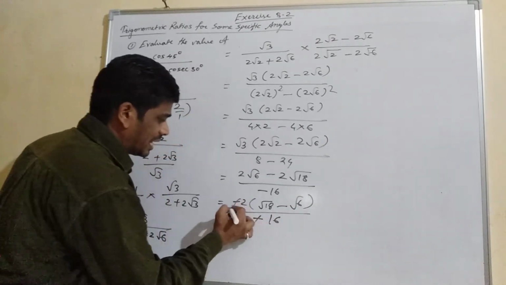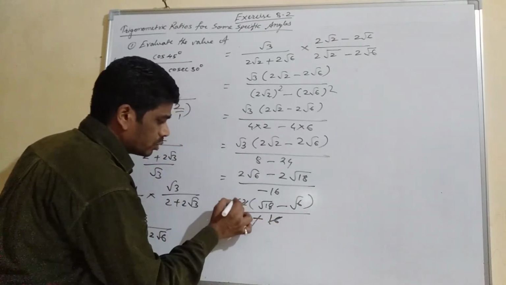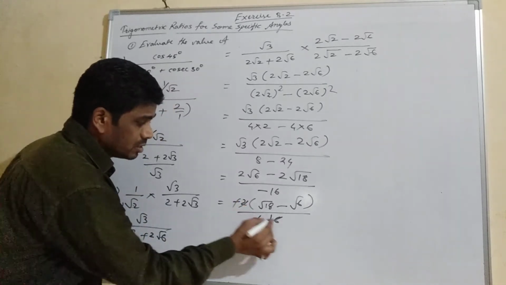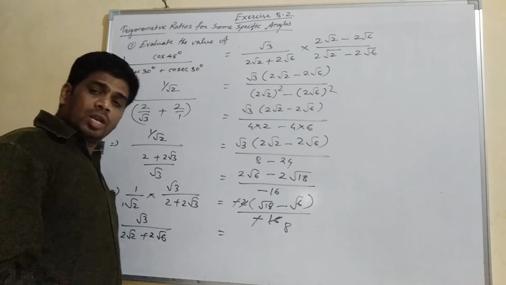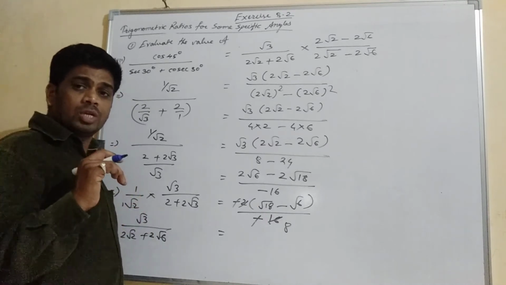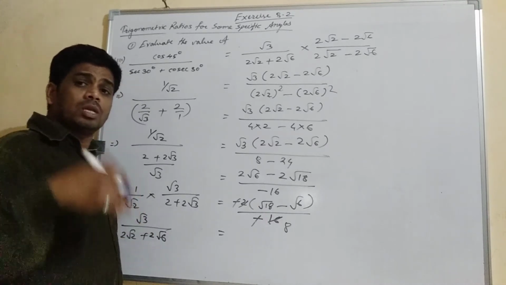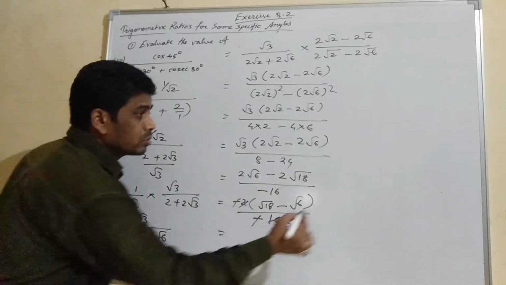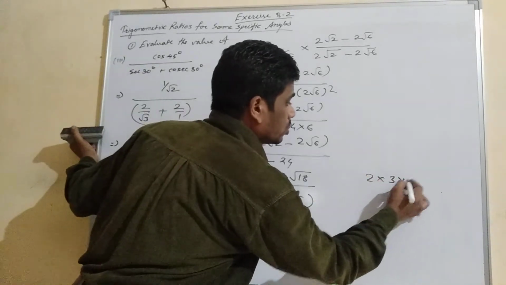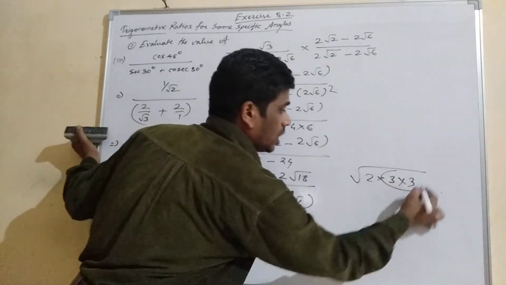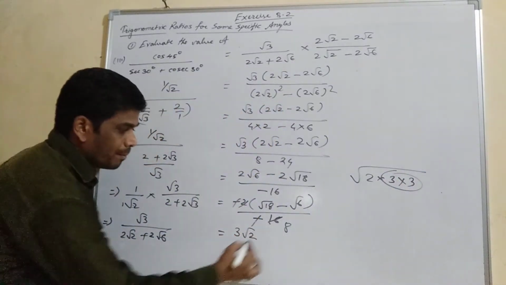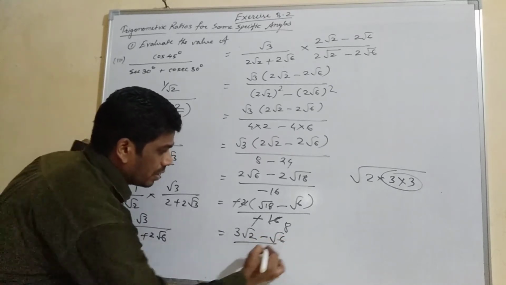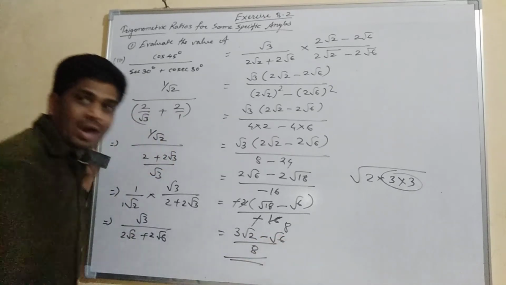So minus minus cancel, 2 1s are 2, and here 2 8s are 16. 18 you can write as 3 into 3 into 2, so 3 root 2 we can write, minus root 6 upon, and this will be the final answer.